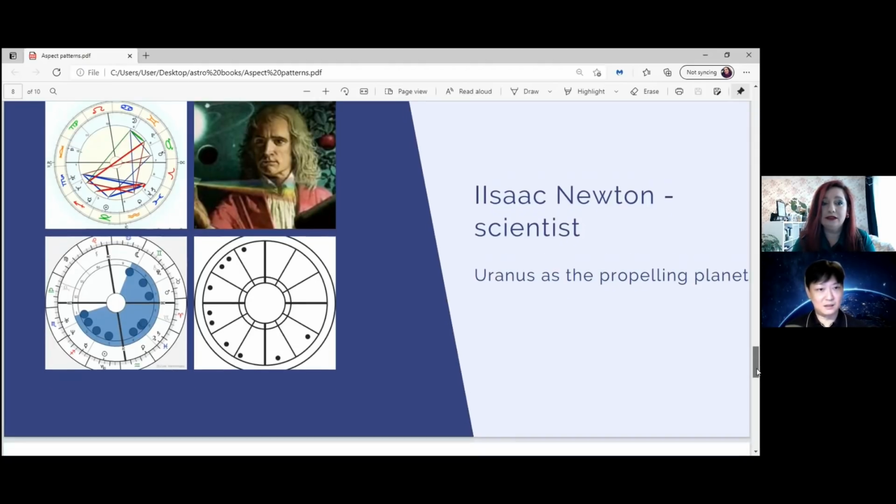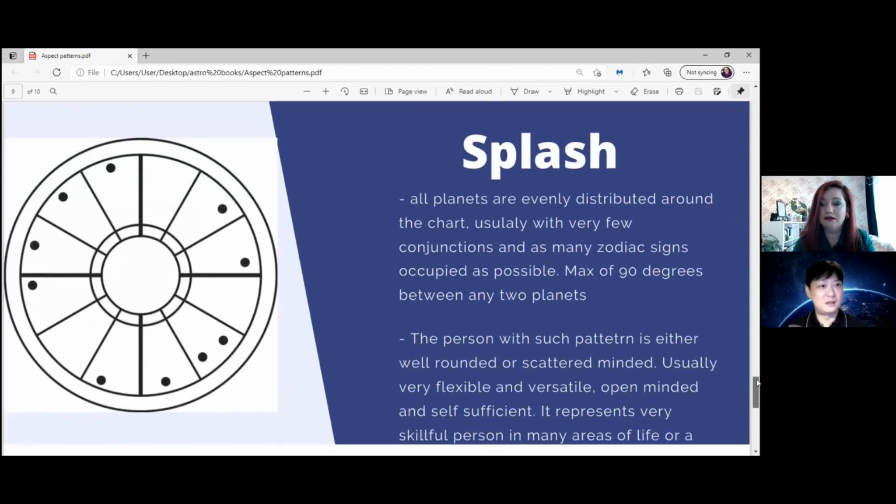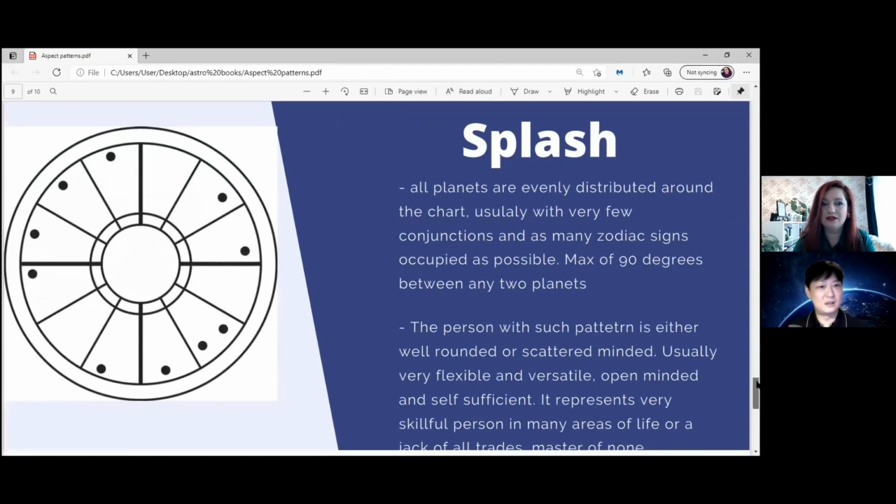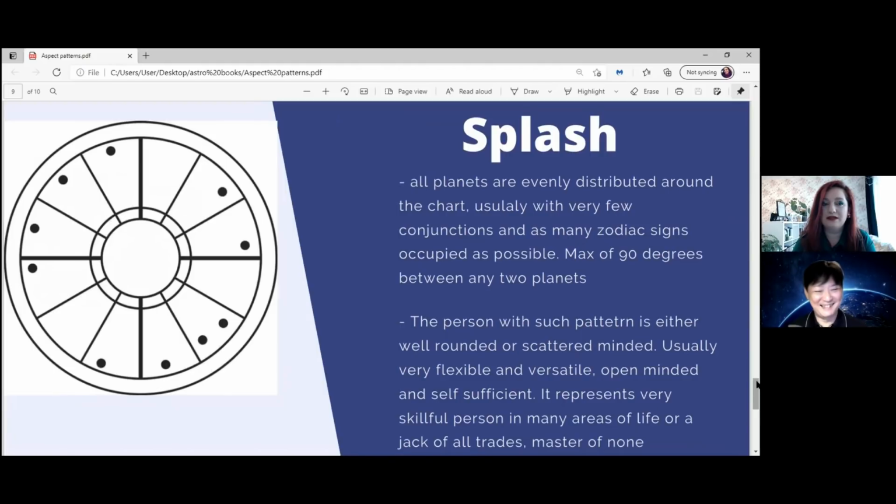And the last shape is the splash. As we see, it's basically planets everywhere. The ideal splash means that we have a planet in almost every sign, because we have 10 planets, 12 signs, so maybe 2 signs are empty and the rest are occupied by a different planet.